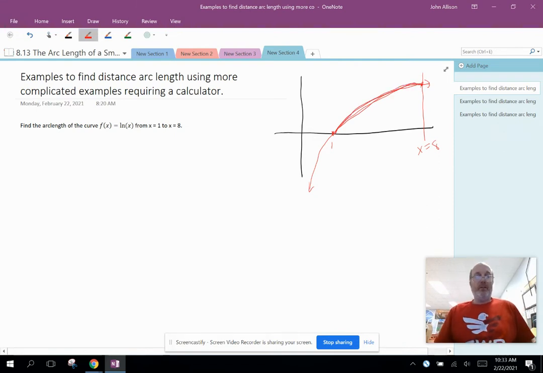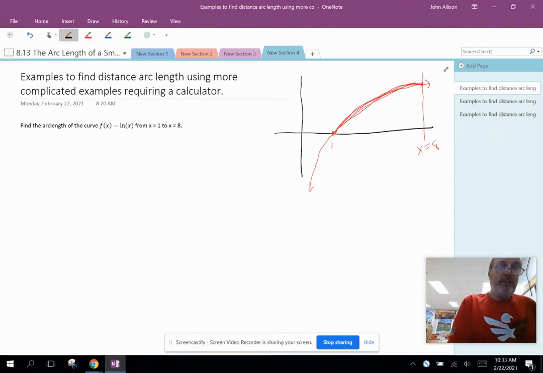If there was a particle moving along this curve from x equals 1 to x equals 8, or t equals 1 to 8, then this would be the distance traveled. So we know from the previous videos that the arc length formula is the integral from, in this case, 1 to 8 of the square root of 1 plus dy over dx squared times dx.